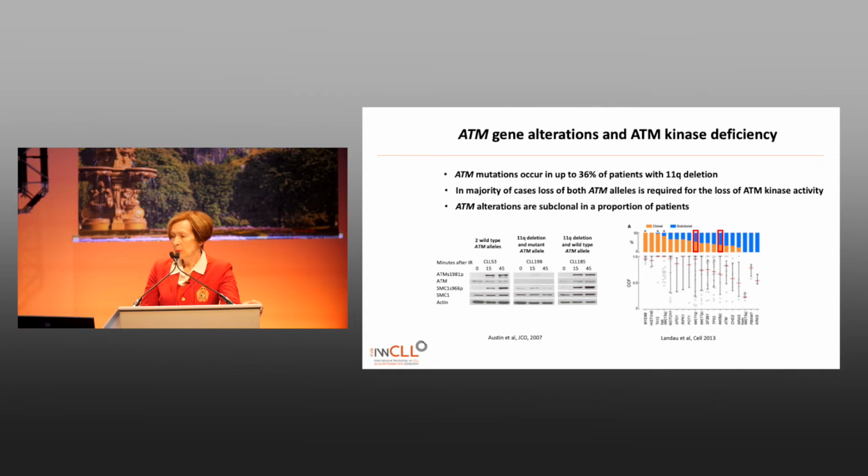And the other important point is that in many patients, ATM mutations and 11q deletion are late events in pathogenesis, meaning that they're subclonal. And therefore, even if we have loss of ATM function, it can often be attributed only to a proportion of the tumor population, whereas the rest doesn't have these features.